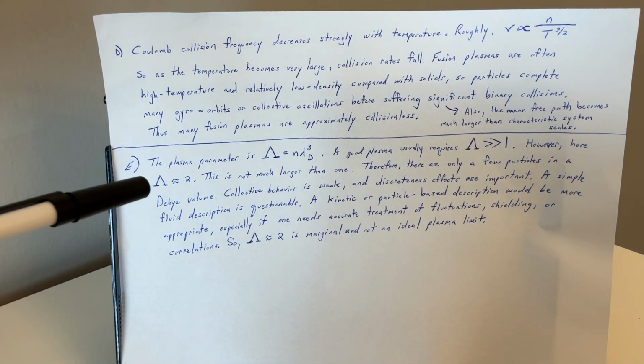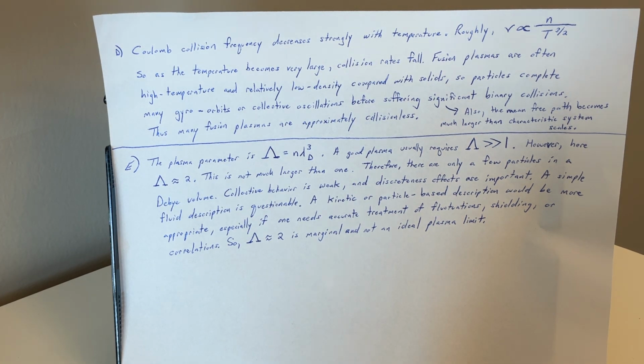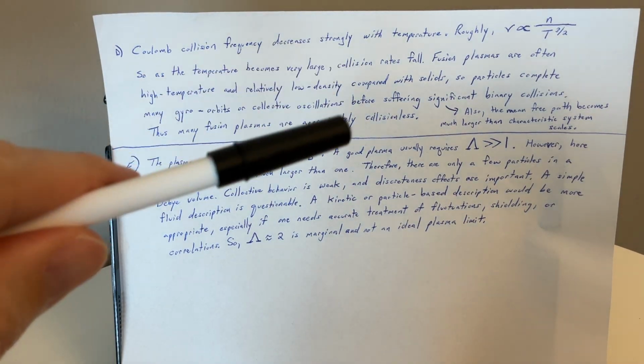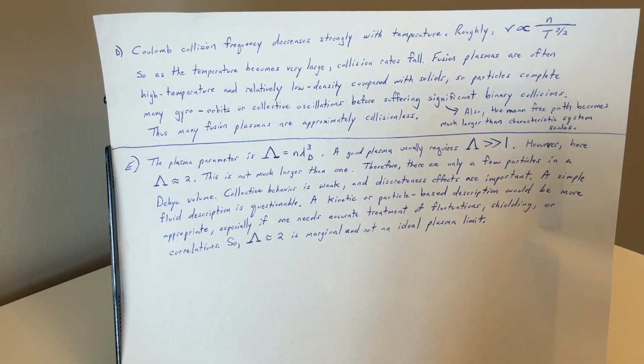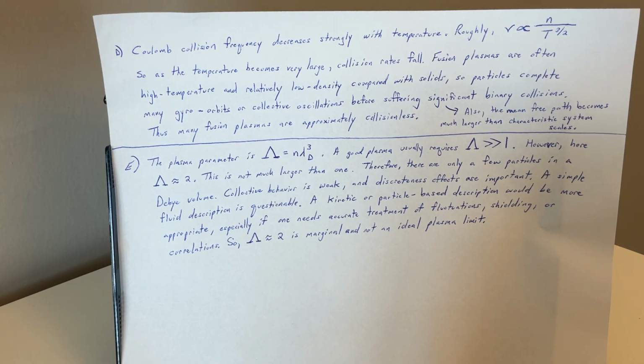However, here this Lambda is approximately 2. This is not much larger than 1. Okay, thinking in orders of magnitude, there are only a few particles in a Debye volume. Collective behavior is weak, and discreteness effects are important. Okay?